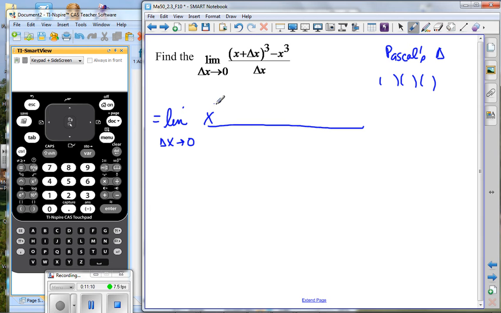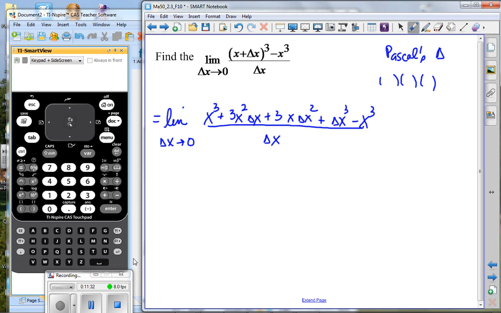So let's see, we've got x cubed plus 3x squared delta x plus 3x delta x squared plus delta x cubed, that's this part, minus x cubed, all of it divided by delta x.